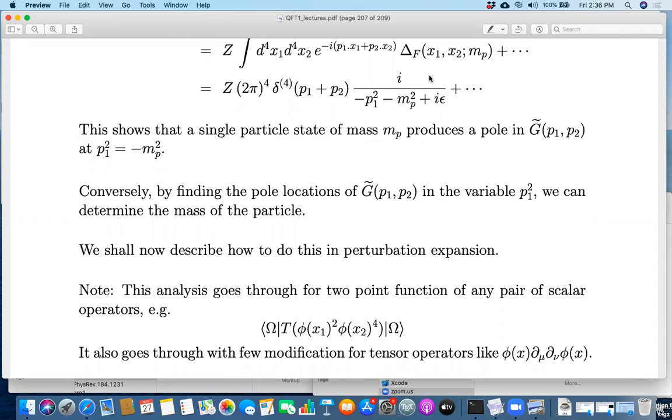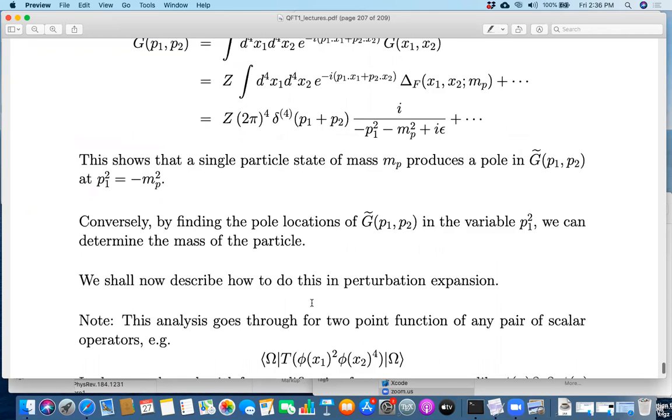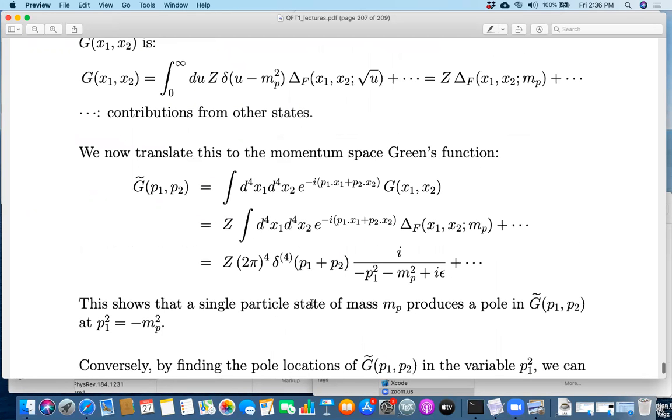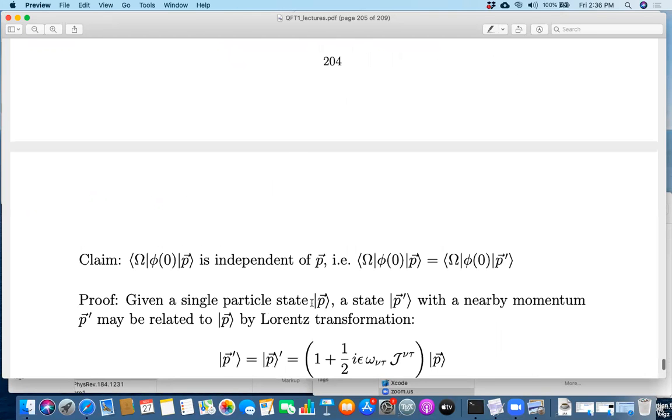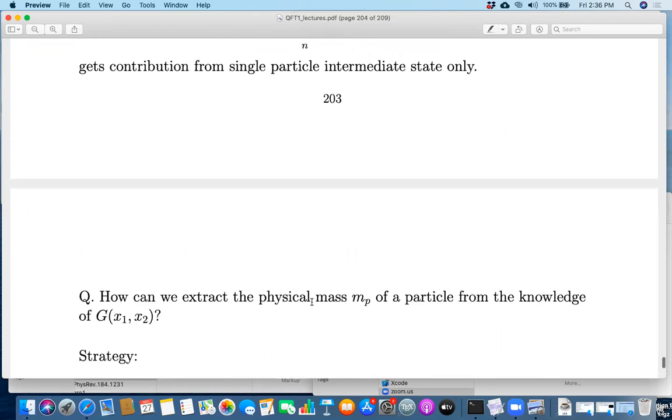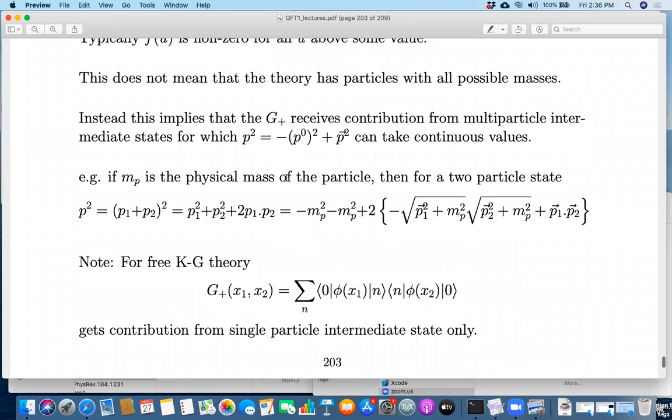If you look for the positronium state in electrodynamics, it will contribute poles. Two-particle states which are not bound, of the kind we discussed, will contribute branch cuts. But positronium will contribute poles.